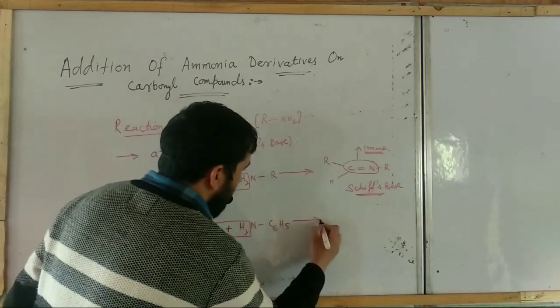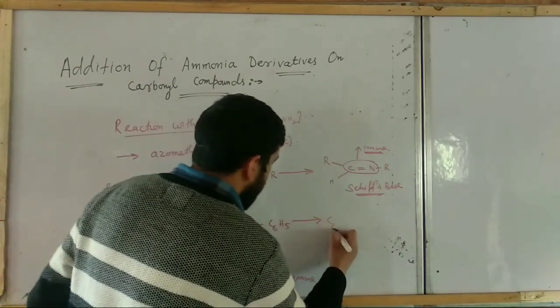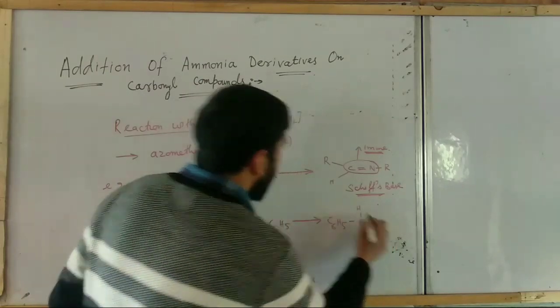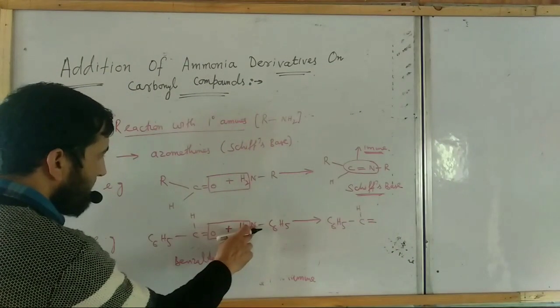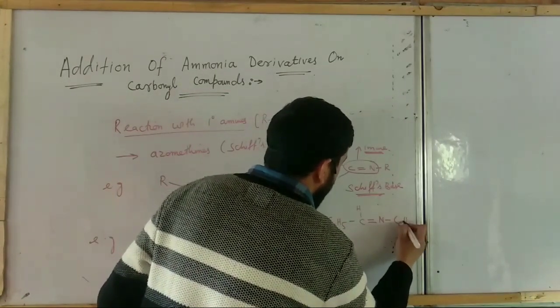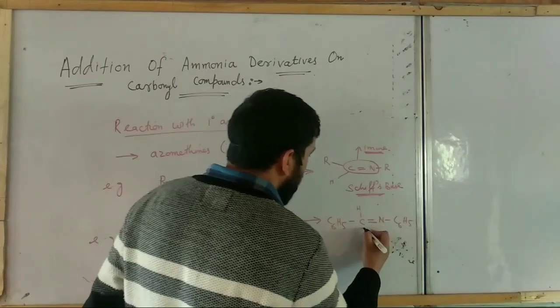As a result, there is formation of a compound that is C6H5, C single bond H, double bond N C6H5. So this compound is also a Schiff's base.